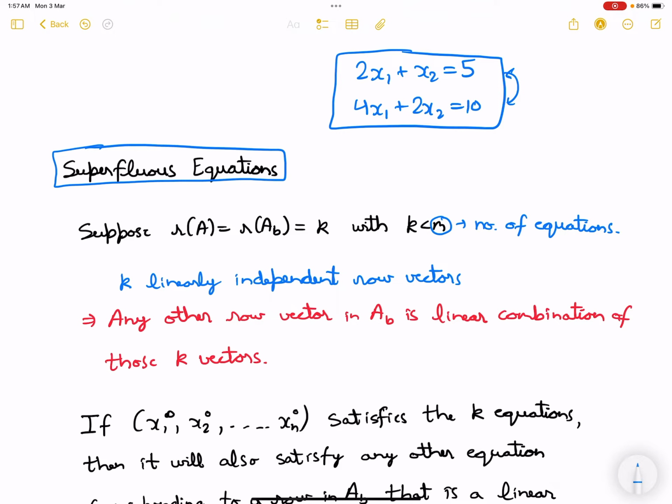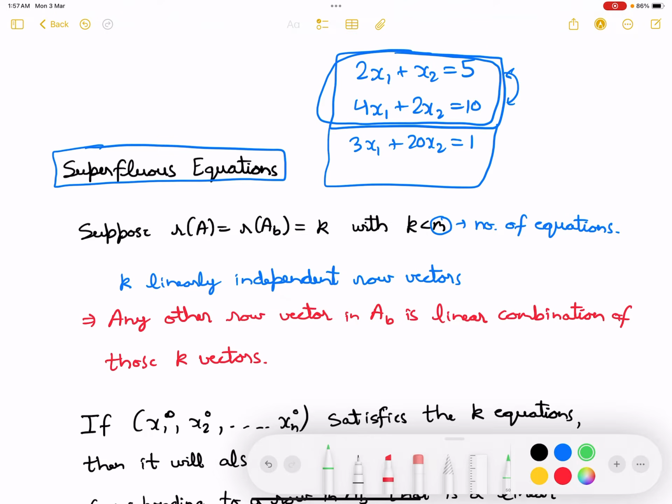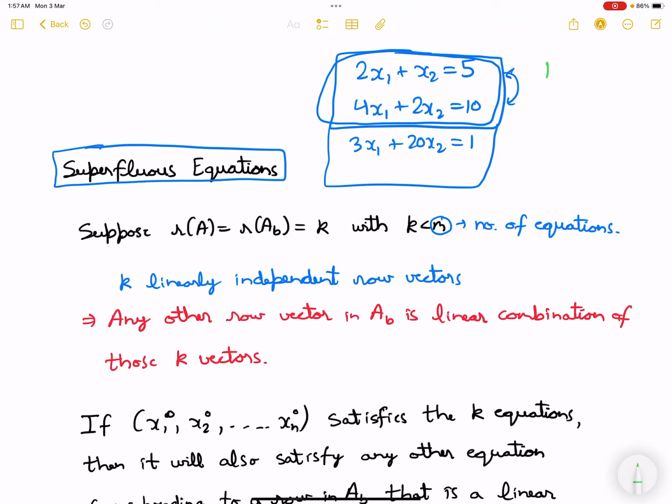Suppose we also have an equation like 3x1 plus 20x2 equals 1. Now what we can see is these two equations are giving you the same equation. So we can say one equation is superfluous.